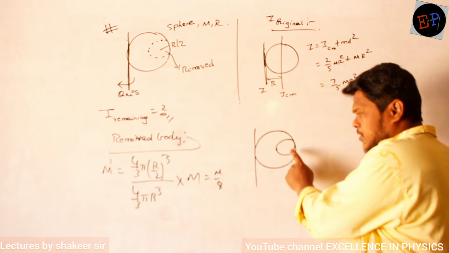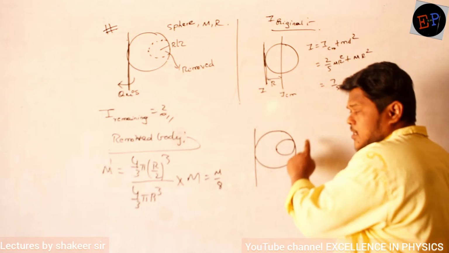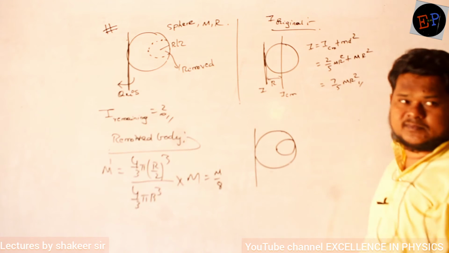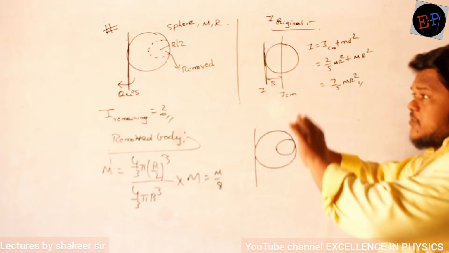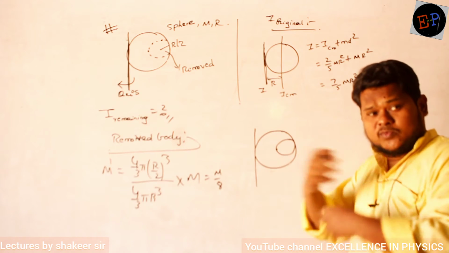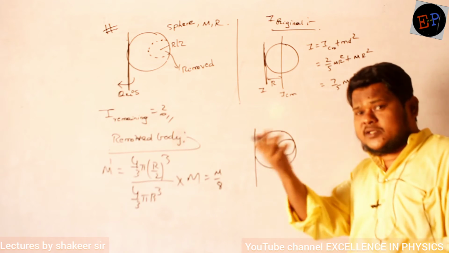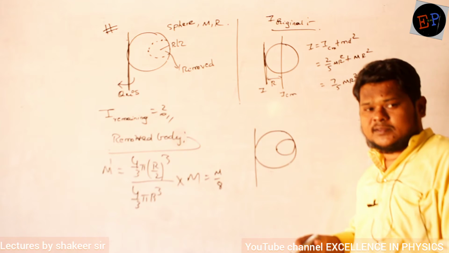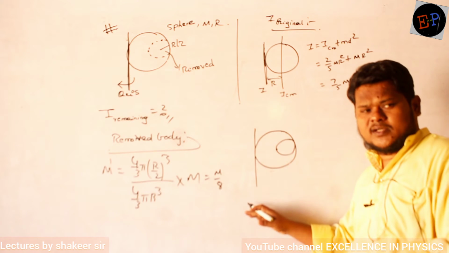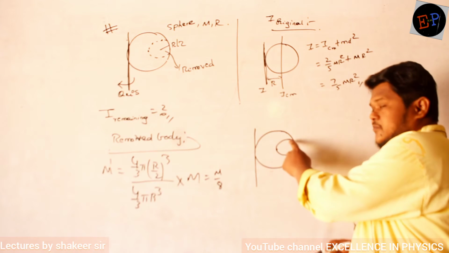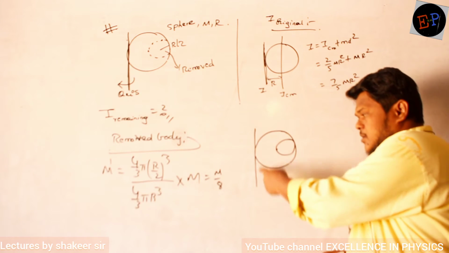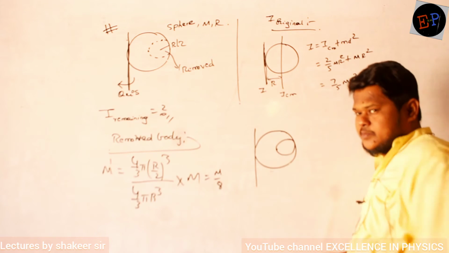So I want to calculate the moment of inertia of this sphere about this axis. Before removing it, the small sphere was also rotating about this axis. So you have to calculate the moment of inertia of the removed body also about the same axis. Are you able to understand?